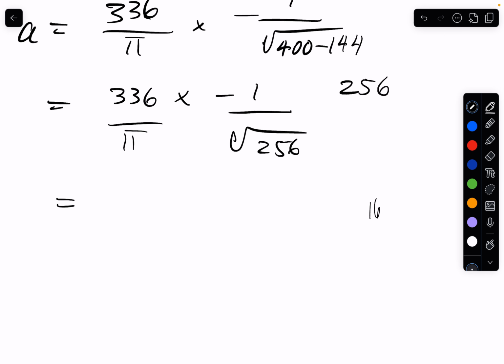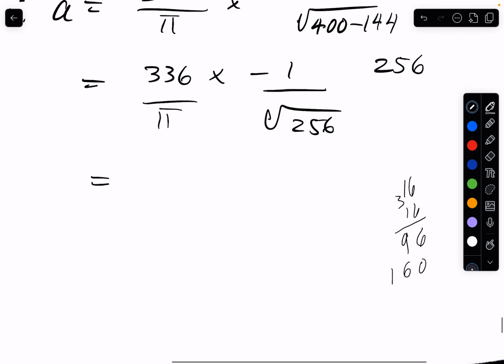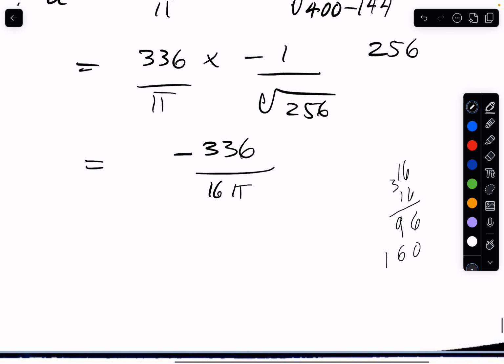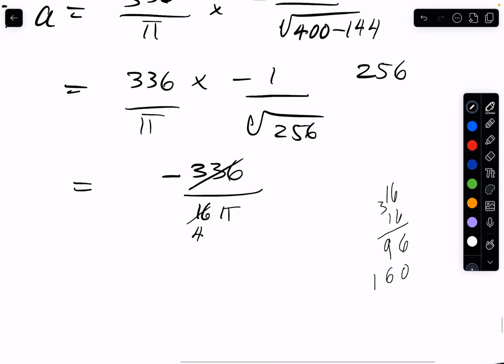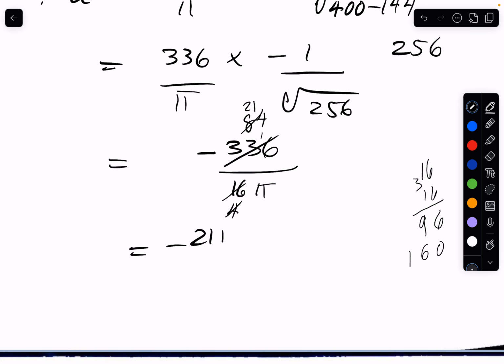No. Yeah, it is. 336 times -1, just -336 on 16 pi. So we can just start off with a 4 instead of doing long division. So that's what, 84 and then 4 and 21. So is it -21 pi on 4?